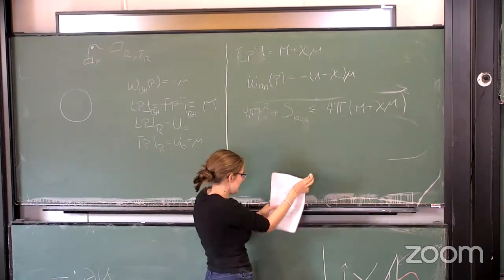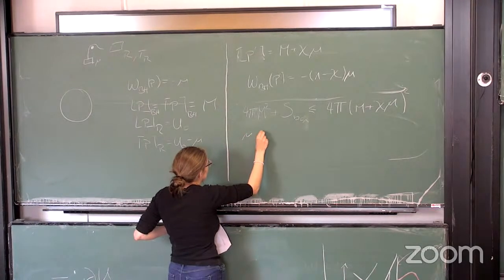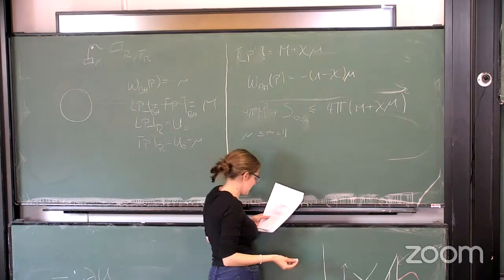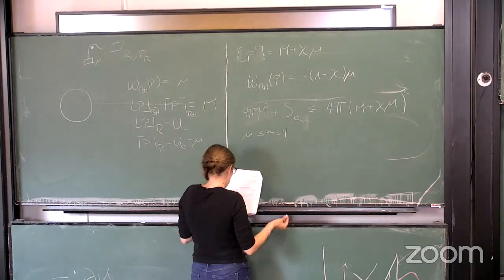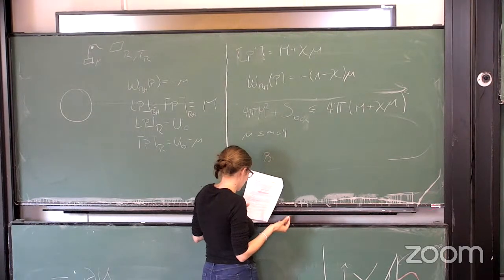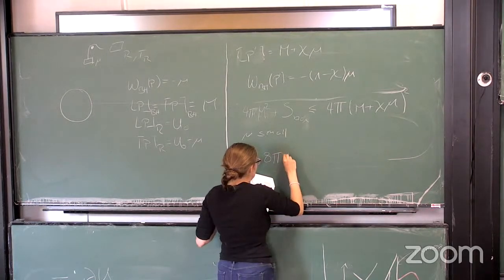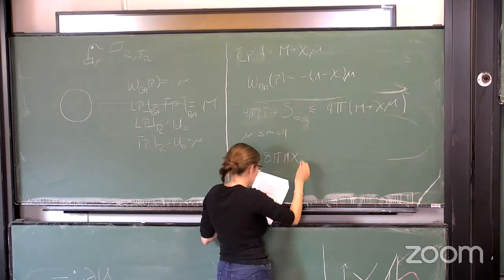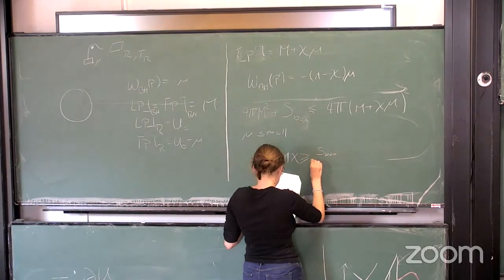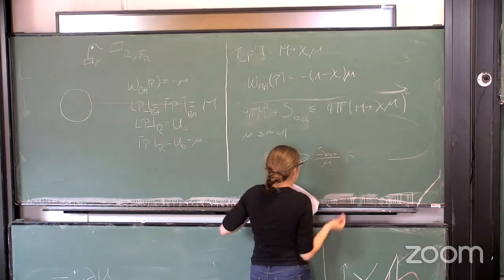Slightly rearrange this equation and assume that mu is small, then we can find some bound or some relation this pi has to fulfill. So the S box has to be bigger than this.